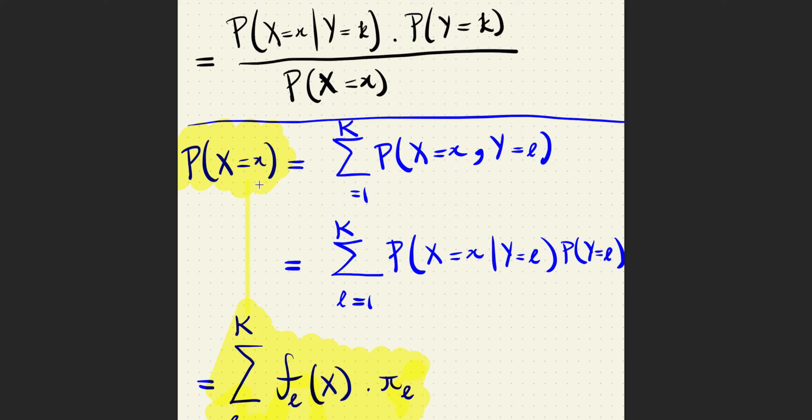The marginal probability of x has to be the sum over l from 1 to capital K of the probability of x being equal to small x and y being equal to small l.